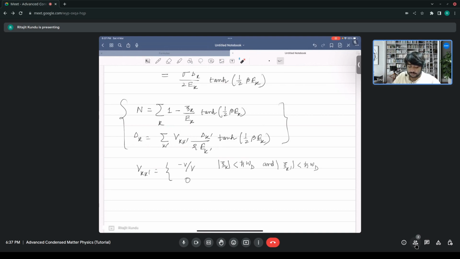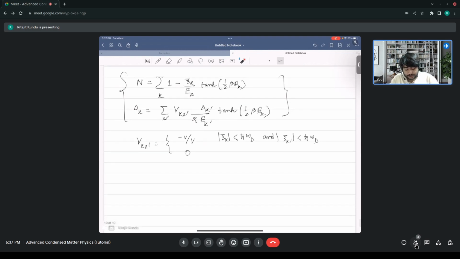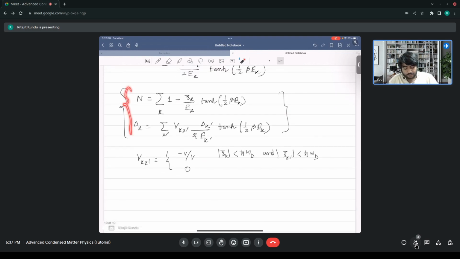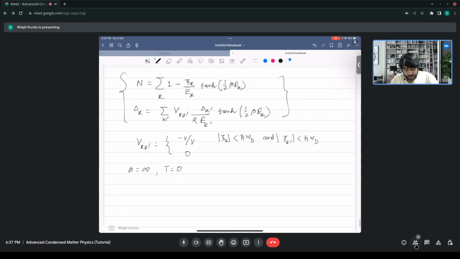Okay. So all these equations are for finite temperature. You can go to the zero temperature solution just by putting beta to be infinity. Beta infinity is T equals 0, right? Beta is the inverse temperature. That's why T is 0.